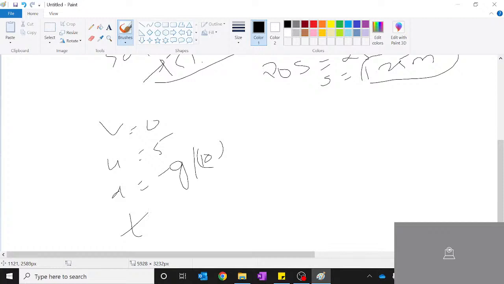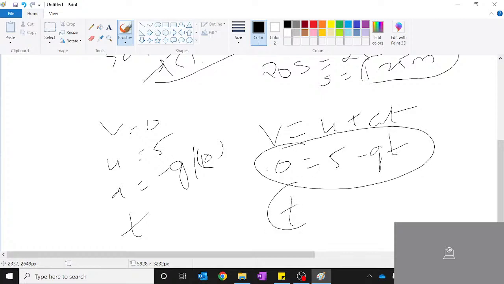So what is the one equation that connects all these four? v equals u plus at. Here a is minus g, so 0 equals 5 minus gt. As simple as that. From here you find the value.